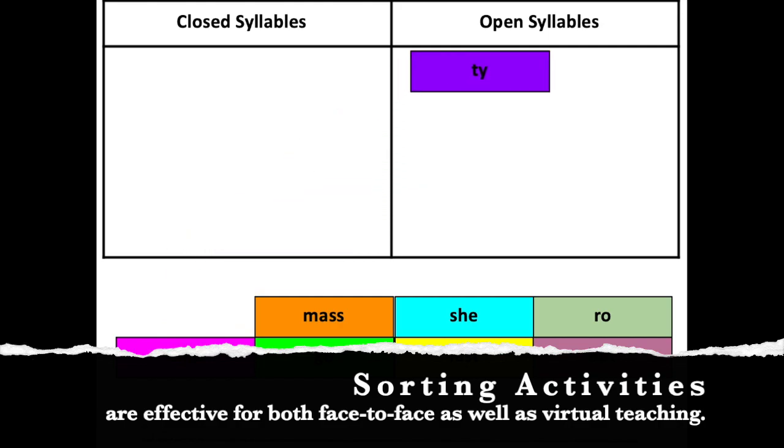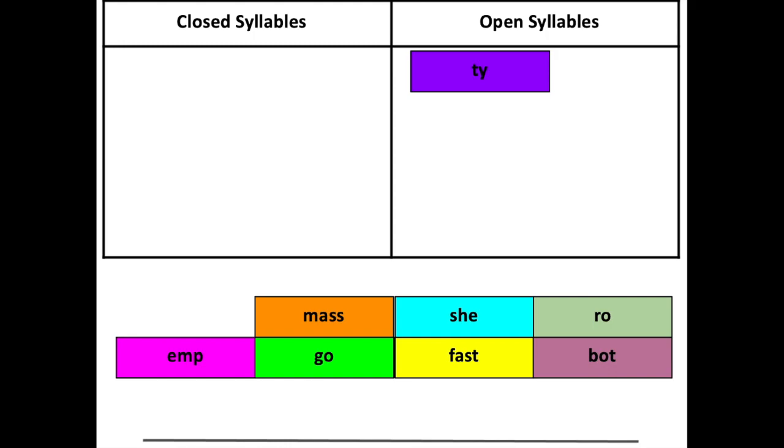It is open. The Y is acting in a vowel position. Mass, closed syllable. We have one vowel followed by one or more consonants closing in that sound, making that vowel sound short.